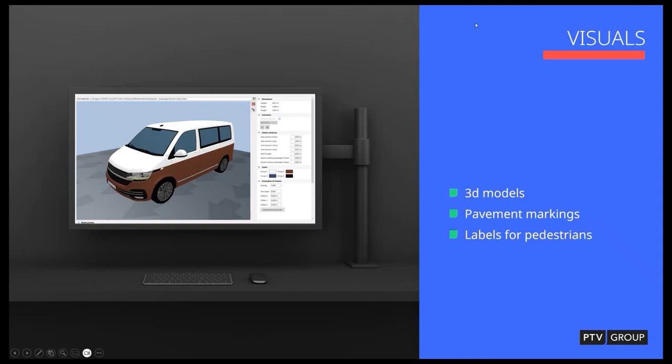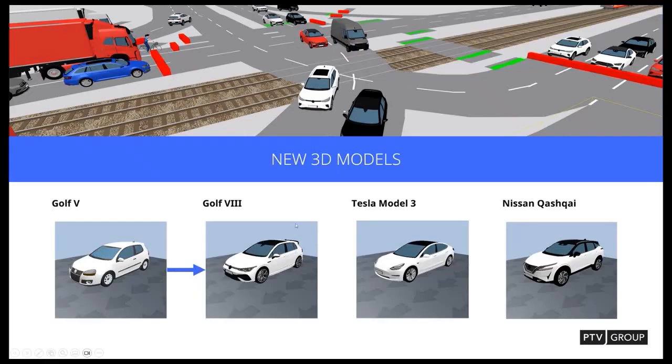That was a matter of the business model. But then we found someone supplying these models who agreed to this. And you see some models were updated just as they have been updated in reality, Golf 5 to Golf 8. There are also new models which haven't been there before.